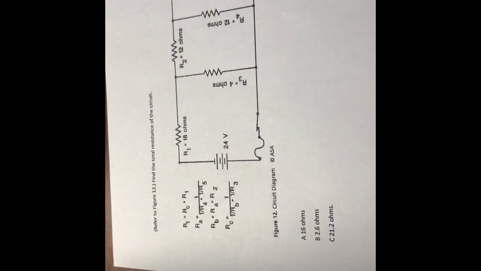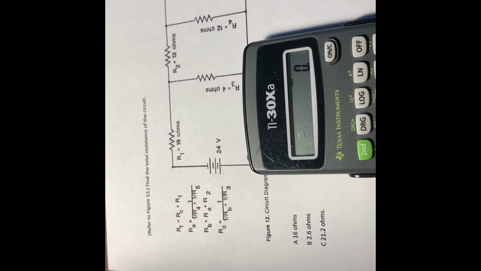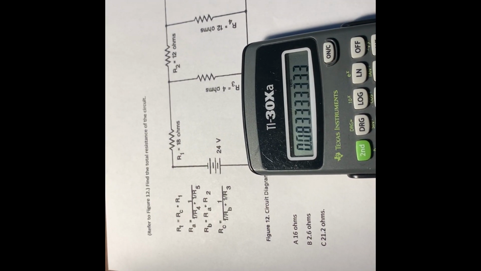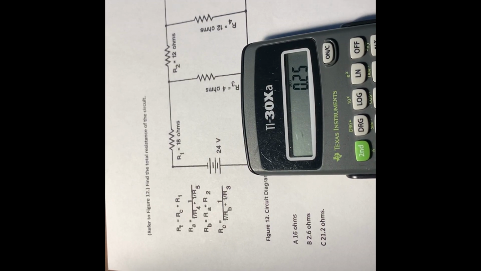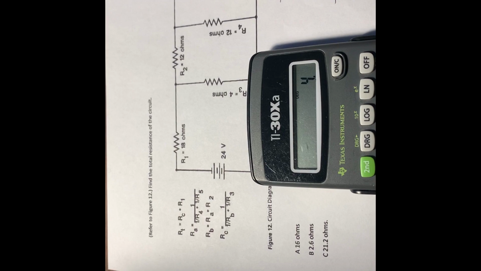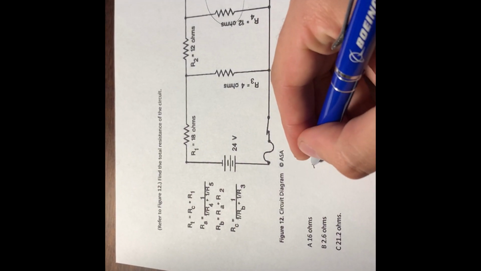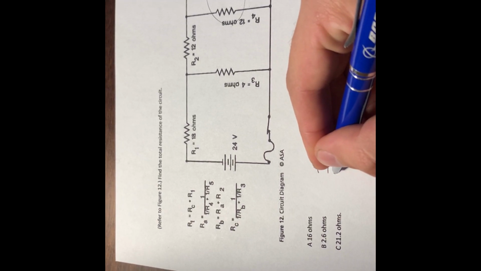Then we can redraw the whole schematic and continue on. So 1 over 12 plus 1 over 6 gives you 4 ohms if you combine these two resistances. Let's redraw it. We have our 24-volt battery.